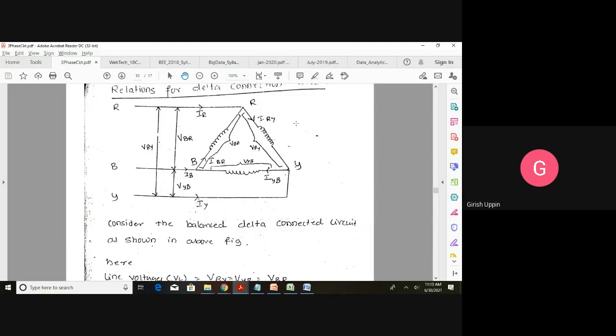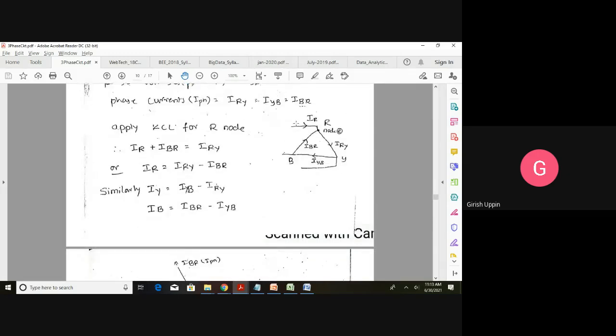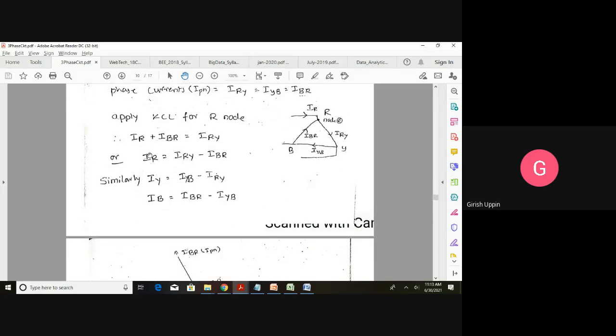IRY is nothing but I phase. Now you can see here the line current IR can be calculated by the phasor sum of IRY and minus IBR. And similarly, we can write the equation for IY by applying KCL at nodes Y and B. IY is equal to IYB minus IRY. IB is equal to IBR minus IYB.